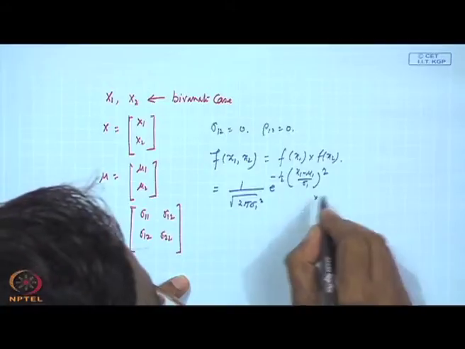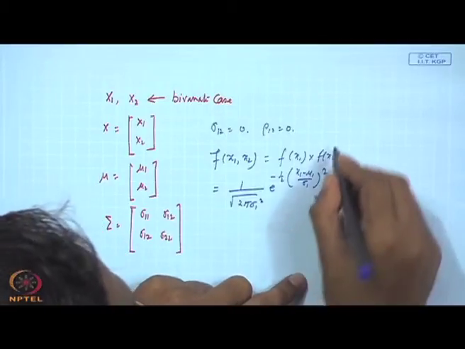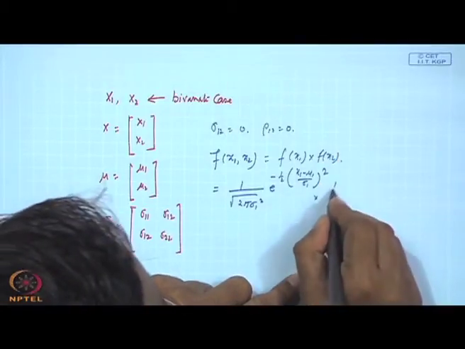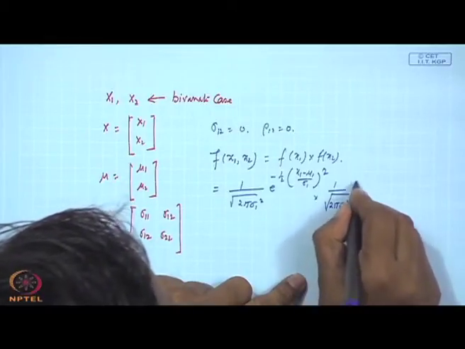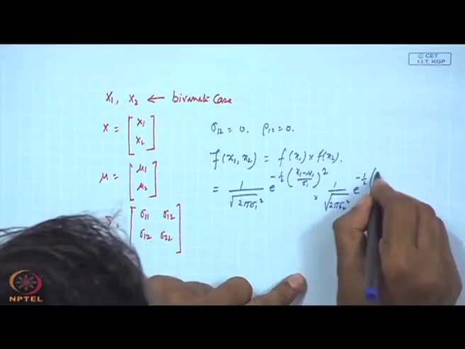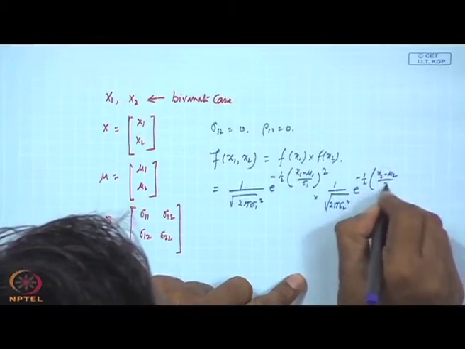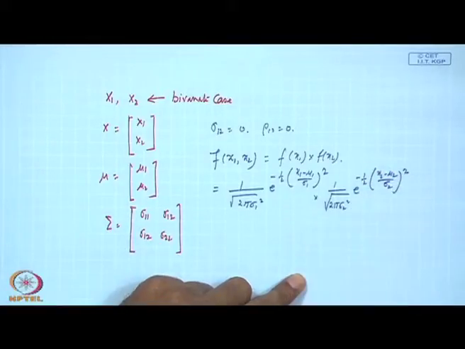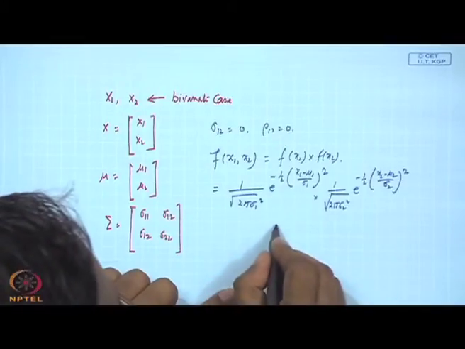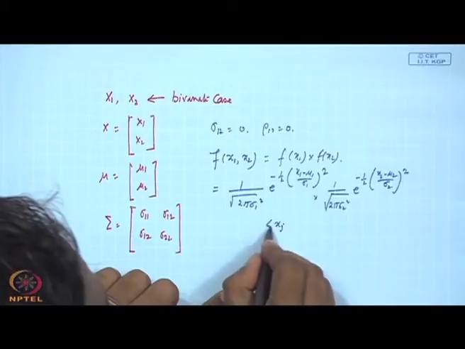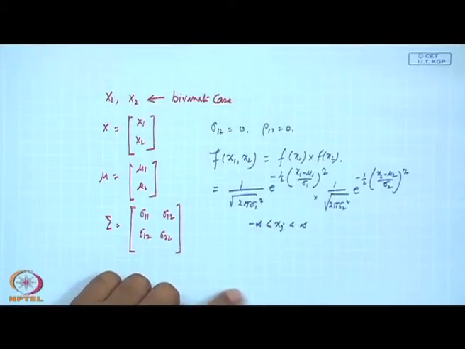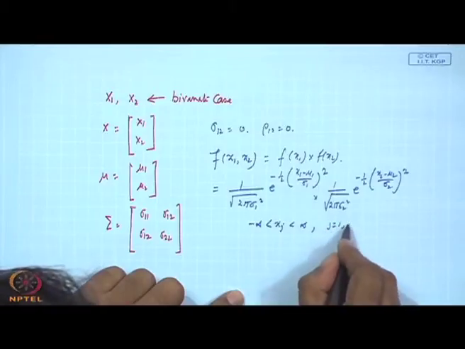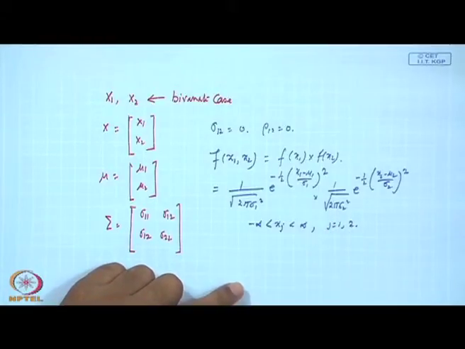Then similarly, for f(x2) also, that is the second variable, you can write 1 by root over 2 pi sigma 2 square, e to the power minus half of x2 minus mu 2 by sigma 2 square. We can write this, and definitely here x j lies between minus infinity and plus infinity, j equal to 1, 2, two variables you have taken.